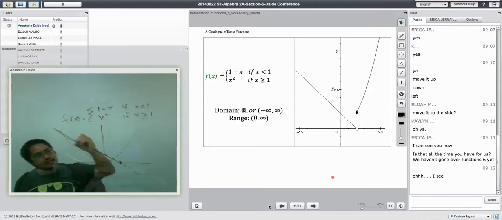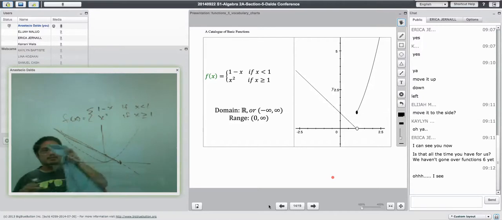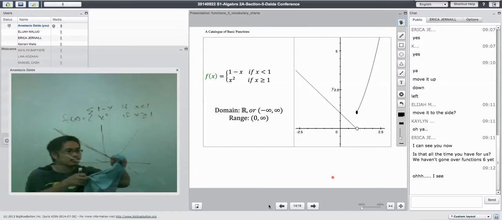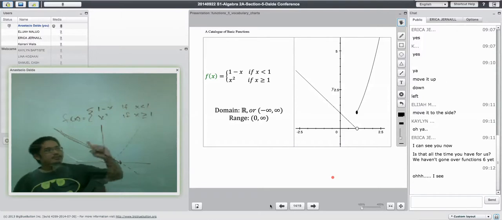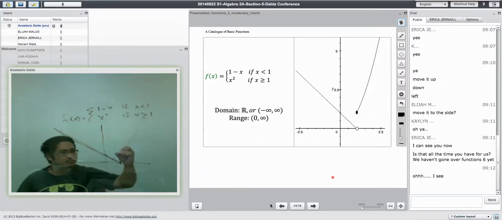So I'm going to solid that guy out. In fact, I'll probably erase the parabola just so it won't confuse you. If your domain is bigger than 1, so if I'm standing on this side, then I'm not going to use this straight line. I'm actually going to use the parabola as my graph.